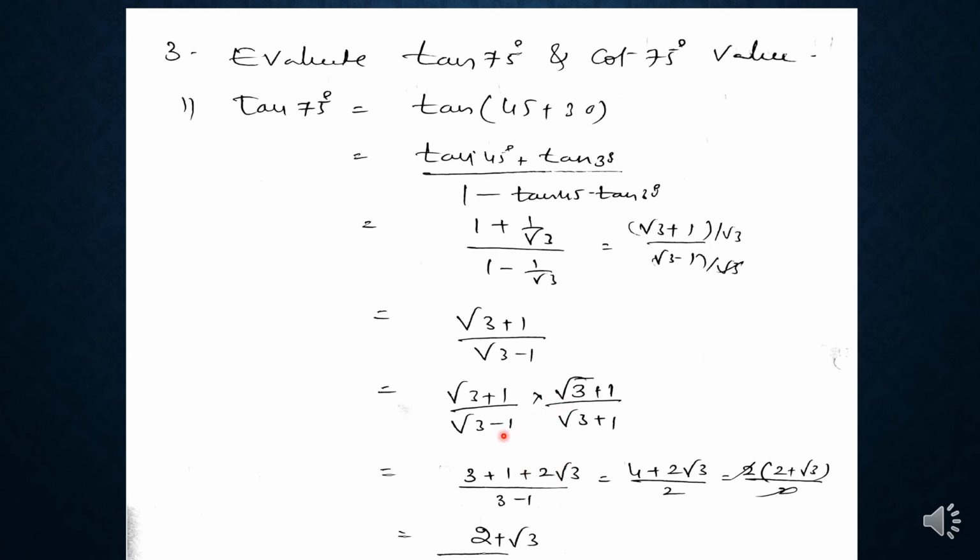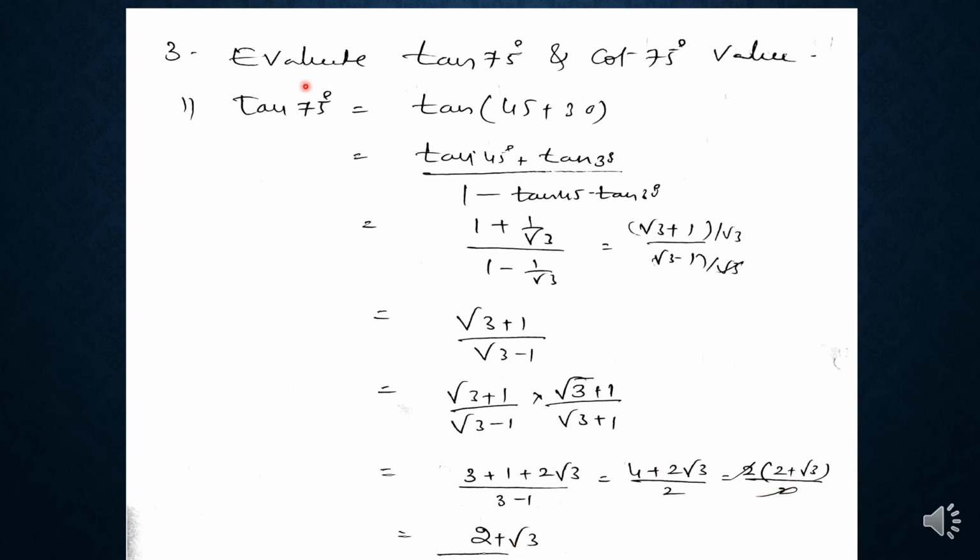The denominator is in the form of (a minus b)(a plus b), that is root 3 whole square minus 1, that is 3 minus 1, which is 2. So 4 plus 2 root 3 by 2, taking 2 common, 2 into 2 plus root 3 by 2, that is equal to 2 plus root 3.